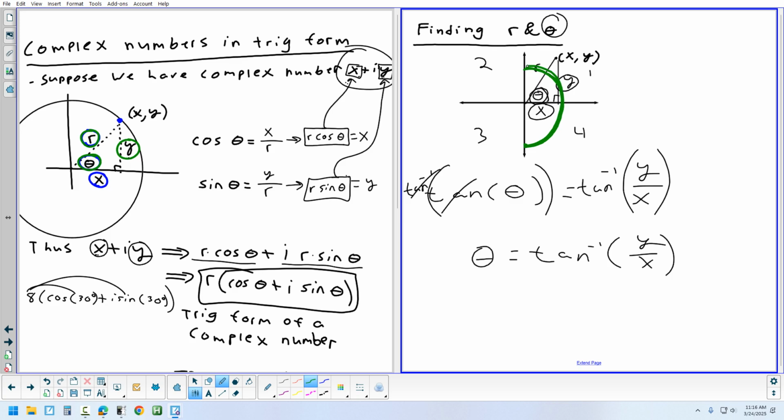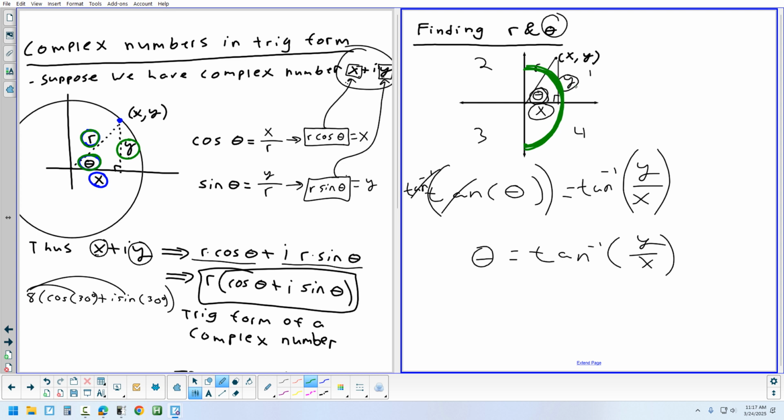If I had answers on that half of the circle, and I wanted to shift them to the other half of the circle, what could I add to any of these answers that would shift them to the other half? Think of what that's equivalent to as a rotation. 180.